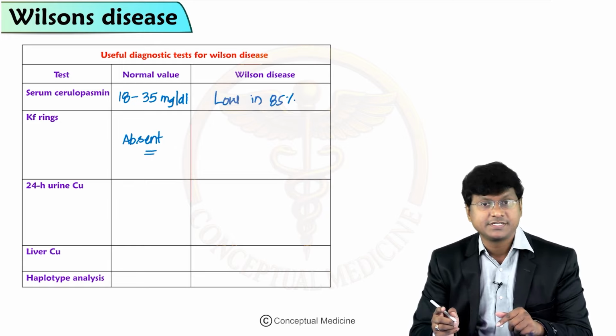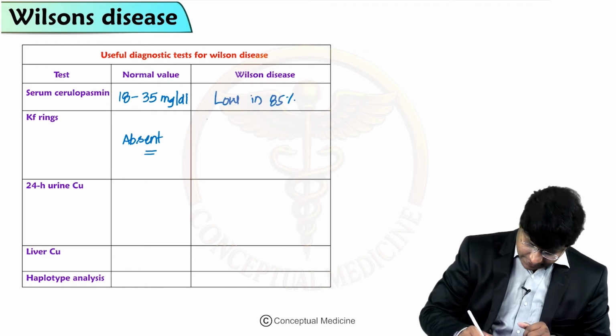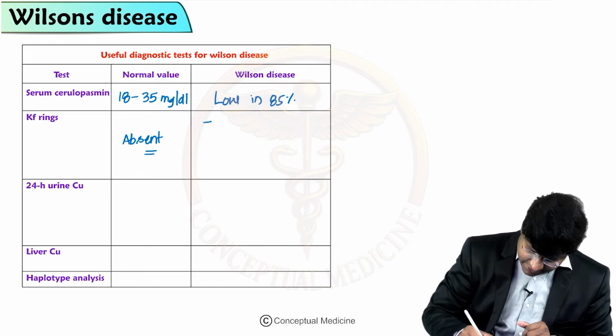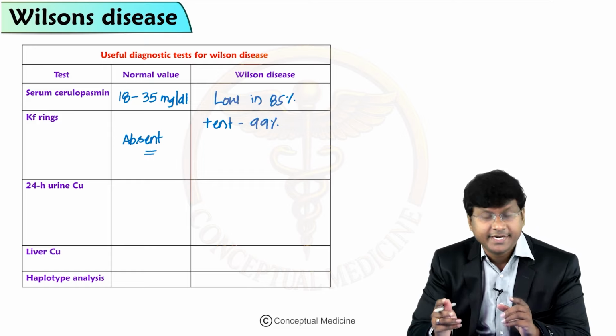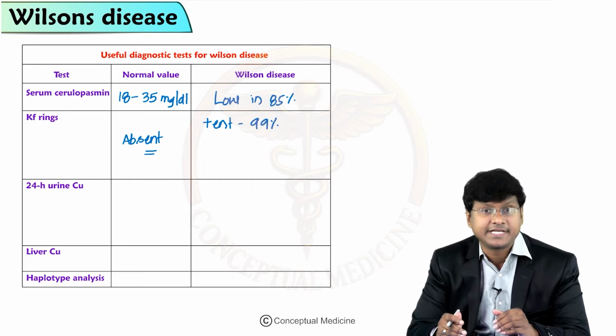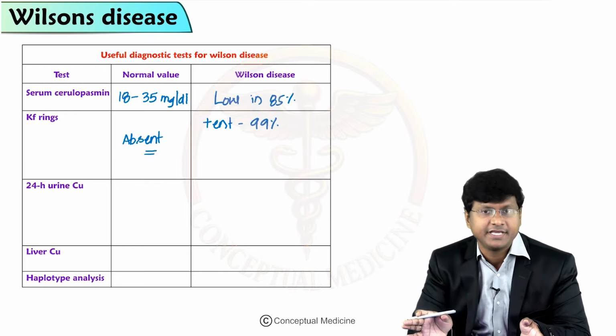But in patients with Wilson's, particularly in case of neurological Wilson's, okay, it is present in almost 99% of patients, right. And if neurological or psychiatric symptoms are present, it is almost like 99% of patients, they have the KF ring.